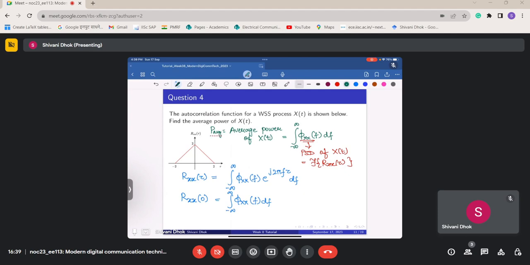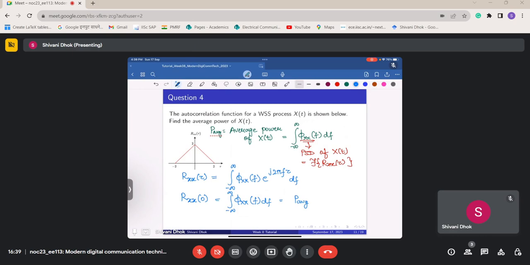So if we compare this equation here and this equation here, these are exactly the same two quantities. So this is equal to P average, and this P average is basically equal to Rxx of 0.